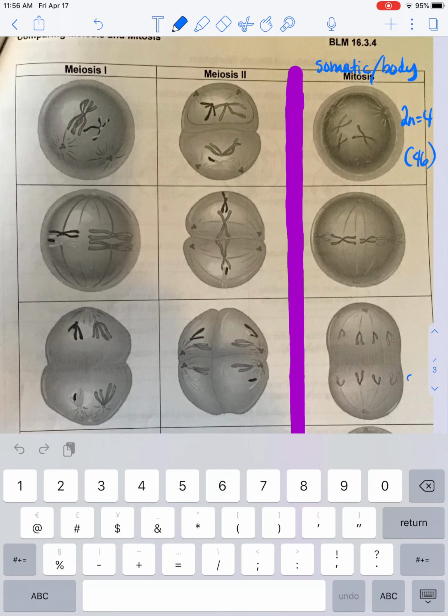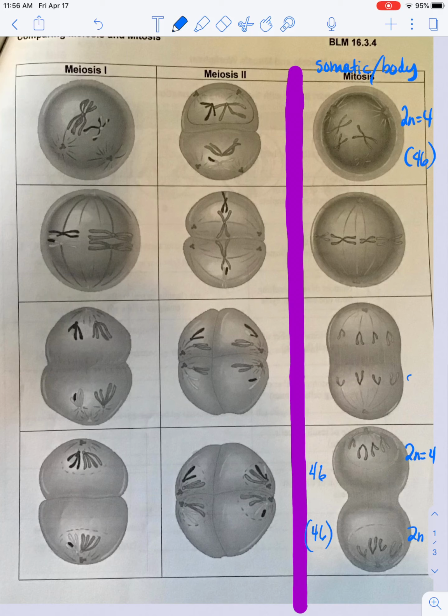And in human terms, that would be like making 2 more body cells that have 46 chromosomes. So recall from our first lesson that these PMAT stages are where the chromosomes in prophase are visible. You see the 2 longer ones are number 1s, 2 shorter ones are number 2s.